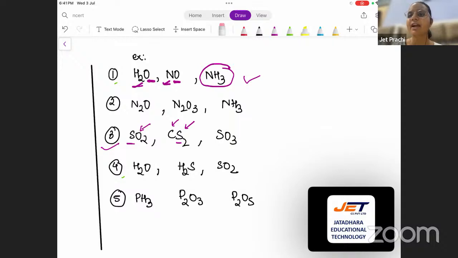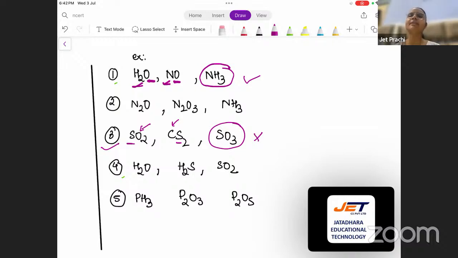So now the third molecule should be formed by the combination of these two elements, carbon and oxygen. Do we have a molecule formed by the combination of carbon and oxygen? Your answer should be no. Here the molecule is formed by the combination of sulfur and oxygen. So I can say that this is not following the law of reciprocal proportion.